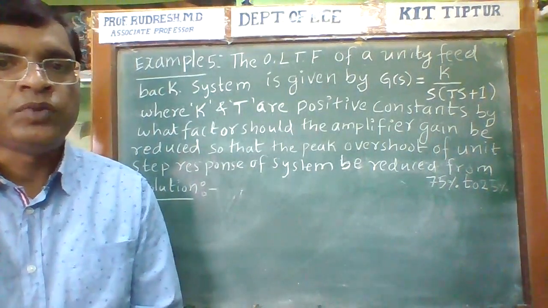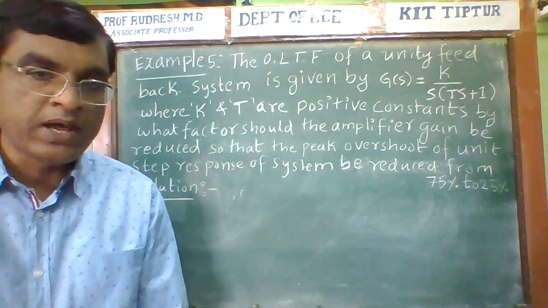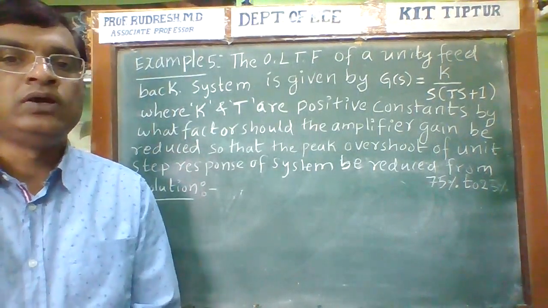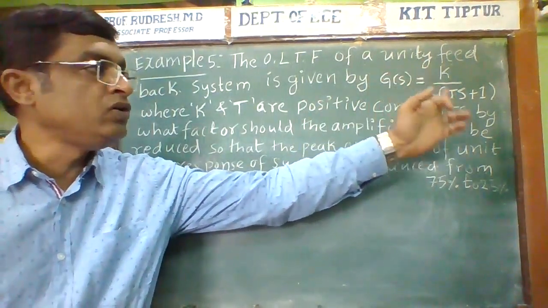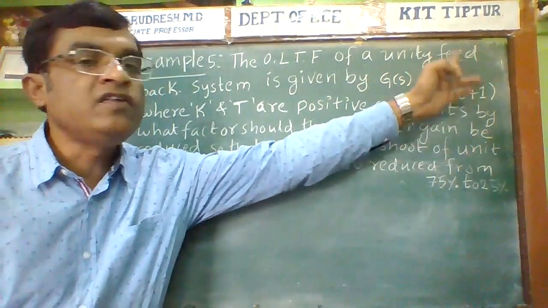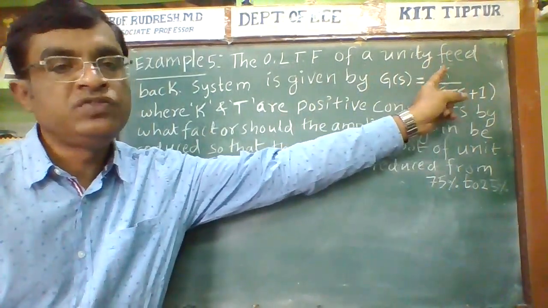Here in this particular example, the open loop transfer function of a unity feedback system is given by G(s) equal to K divided by s(Ts plus 1). K is usually the gain of the amplifier.